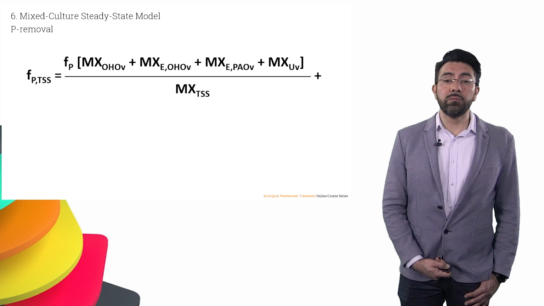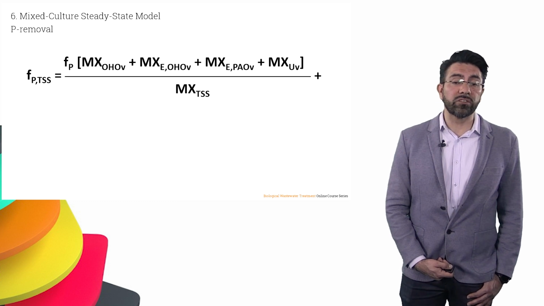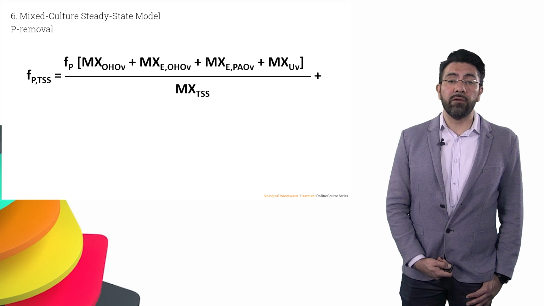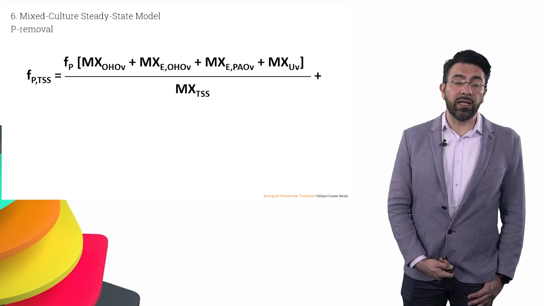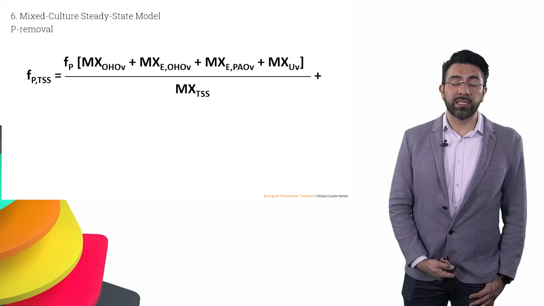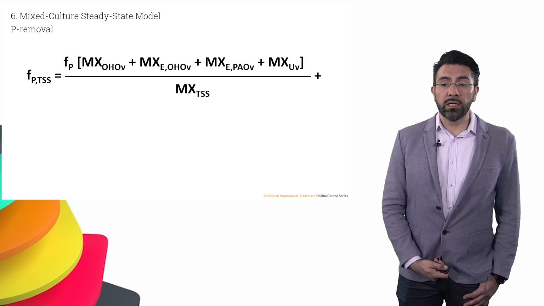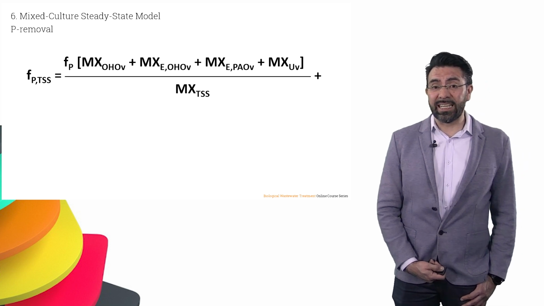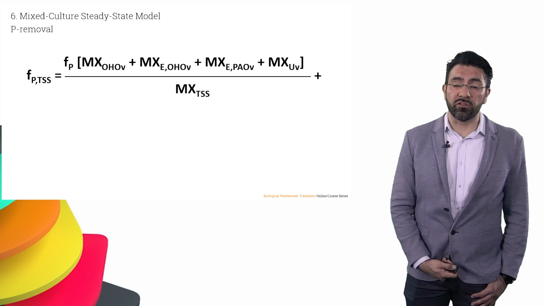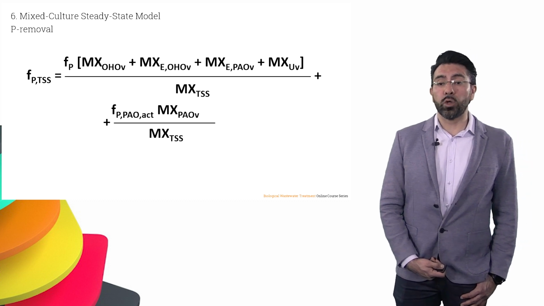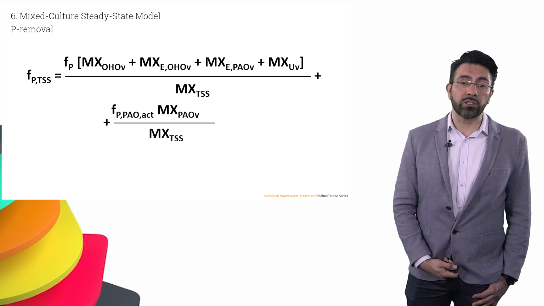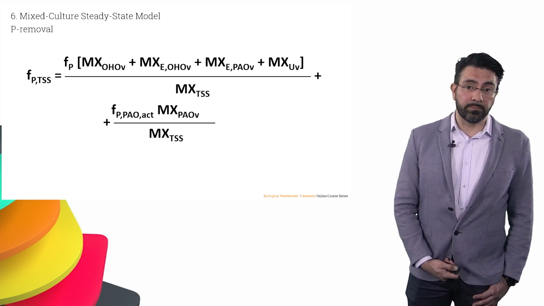As such, it becomes important to estimate the amount of phosphorus present in the total suspended solids of the plant. And we can do that by taking into account the fraction of phosphorus that the different masses of volatile suspended solids can store, divided by the mass of total suspended solids. But it's important to notice that here we are not including the mass of PAOs, because the mass of PAOs has a different fraction of phosphorus accumulated, and that is the actual fraction of phosphorus that we have calculated previously.